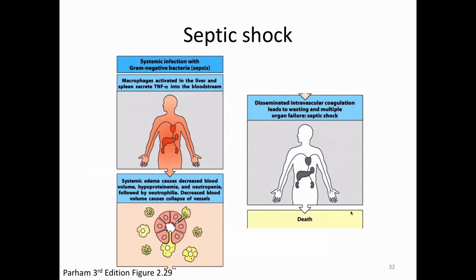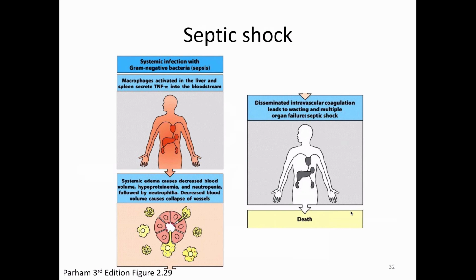They're going to start to see changes in blood vessel diameter throughout their body. They're going to start to see changes in blood vessel permeability throughout their body. That's going to lead to some pretty severe swelling, systemic edema. Systemic swelling, edema is a fancy word for swelling.